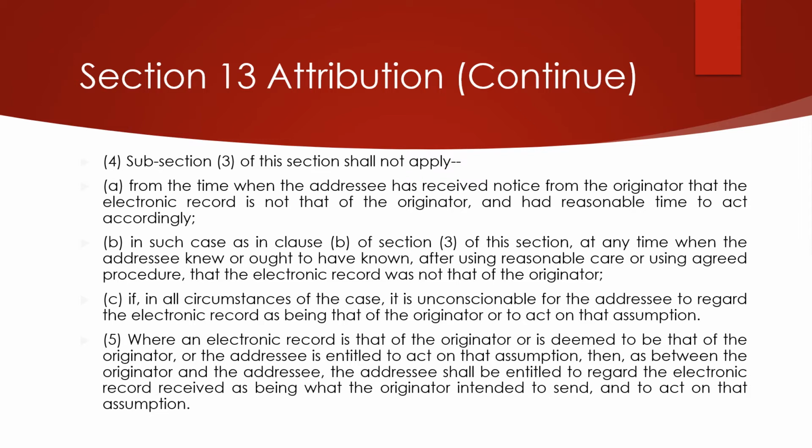Number 2, when the addressee received information from a person whose relationship with the originator or with any agent of the originator enables that person to gain access to a method used by the originator to identify the electronic record as its own. In such a case, the addressee shall not treat an electronic record as that of the originator.